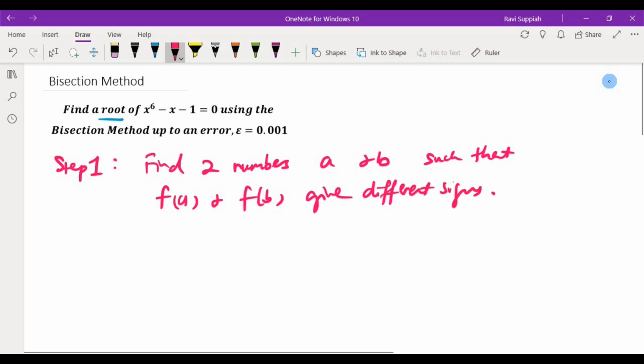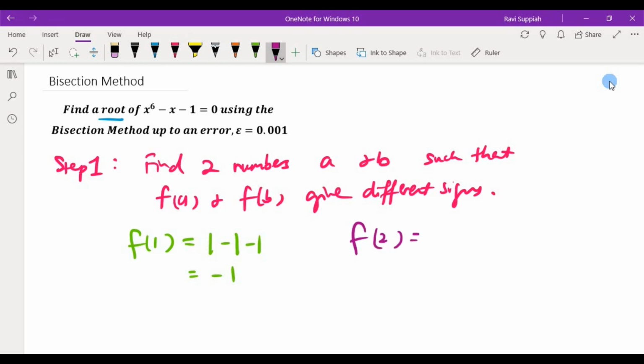Now if I were to try f of 1, you can see that the value I'll get is 1 minus 1 minus 1, which equals minus 1, and f of 2 will be 64 to the power of 6 minus 2 minus 1, which equals 61.